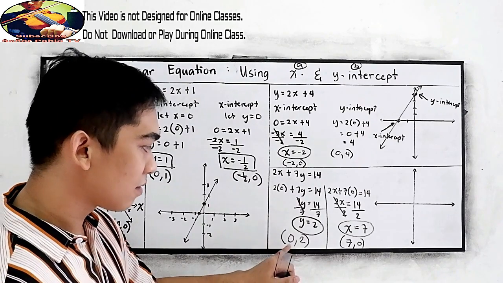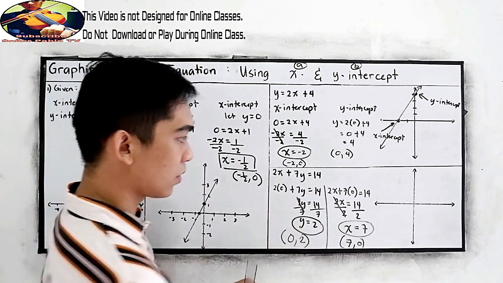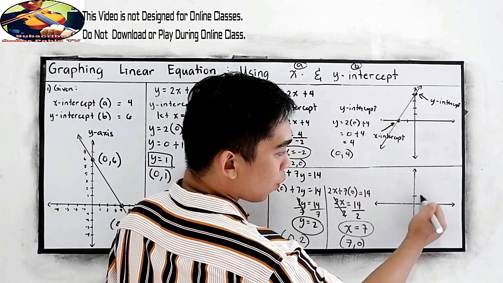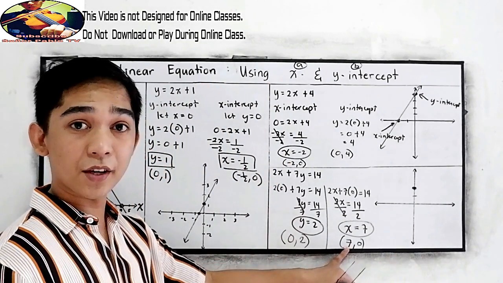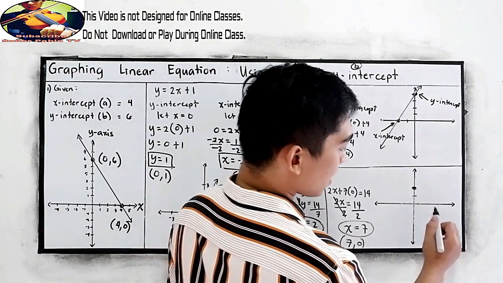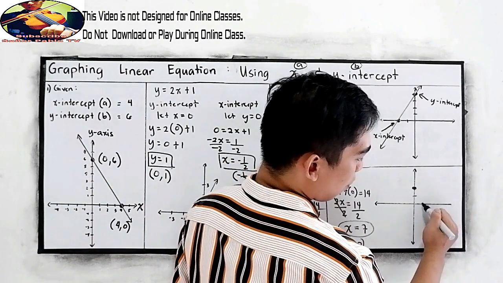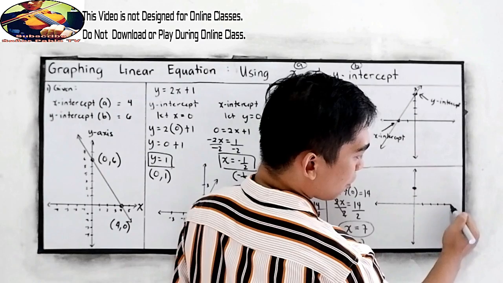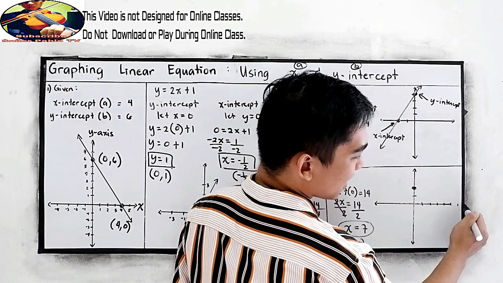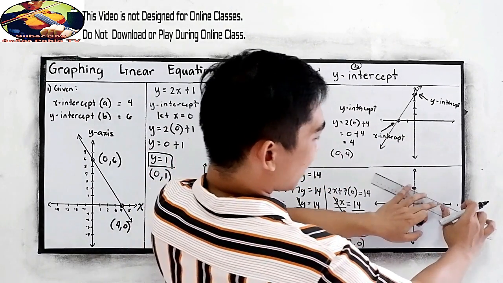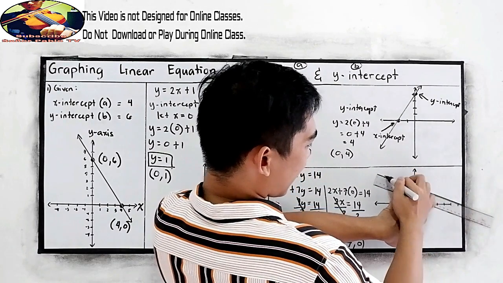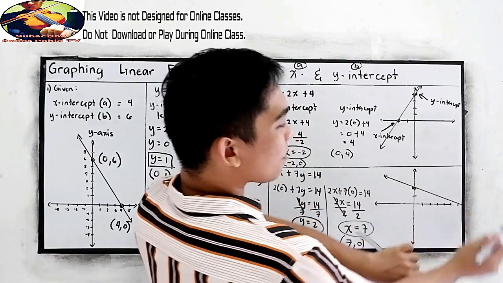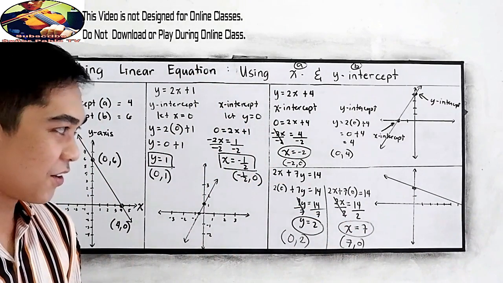Let us plot 0, 2. So 0, 1, 2. Next, 7, 0. 1, 2, 3, 4, 5, 6, 7. It's here. So, graph. Okay. This will be our graph.